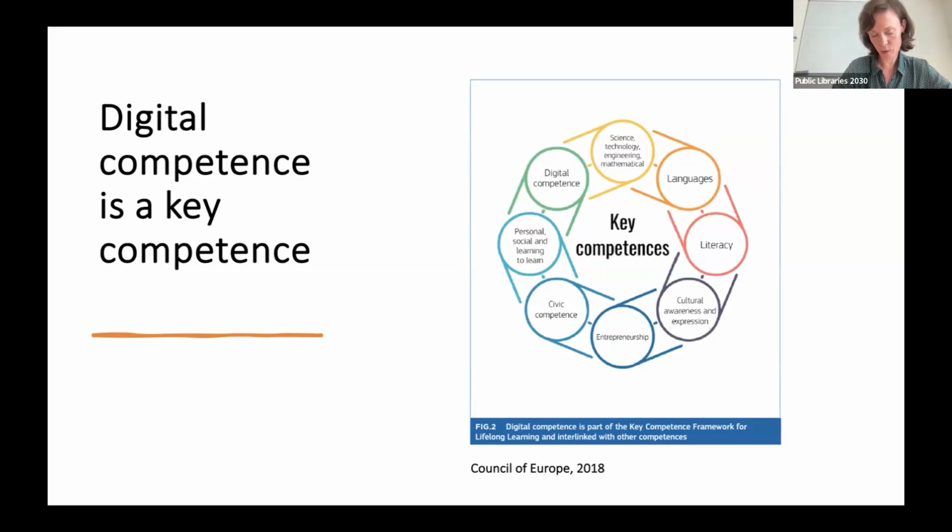The graph you see is a framework developed by the Council of the EU, listing the key competences for lifelong learning, and they are all interlinked, so they don't work without each other. You see the green one, the digital competence, is part of the key competences.